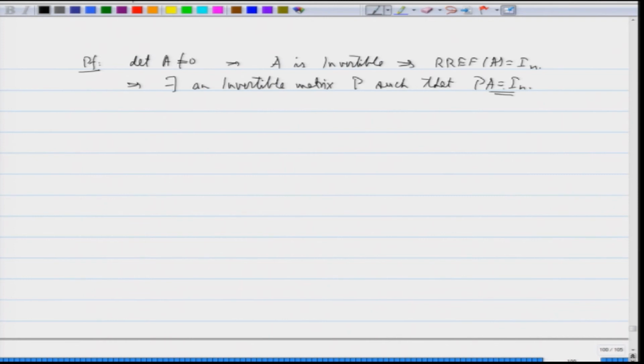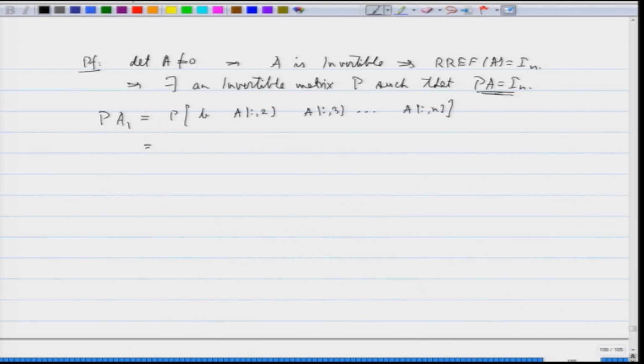Fine. So, what do you mean PA is identity? It means that, all right. So, let us look at A1. I want to compute what is P times A1. P times A1 is P times the matrix with B, then the second column of A, third column of A, so on till the last column of A. So, we know P times A is identity.